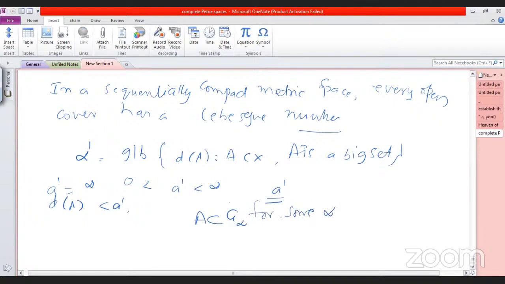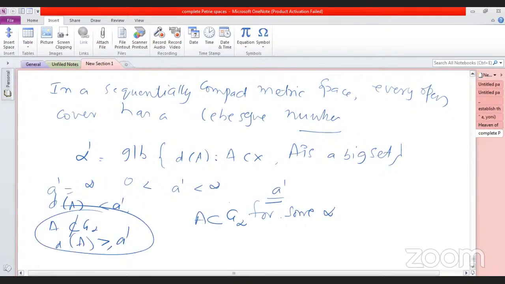Otherwise, if A is not a subset of any G alpha, then A would be a big set and d of A would be greater than or equal to a dash.